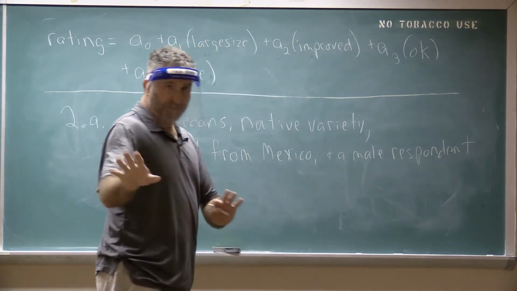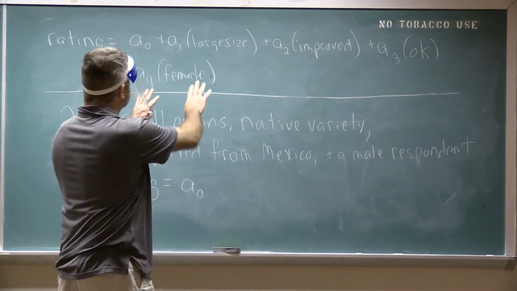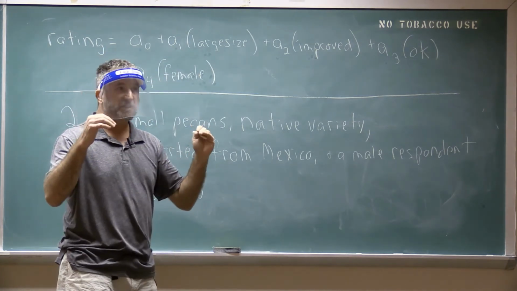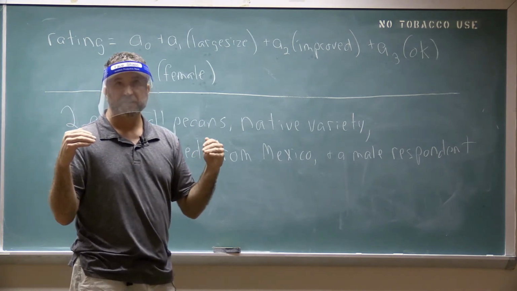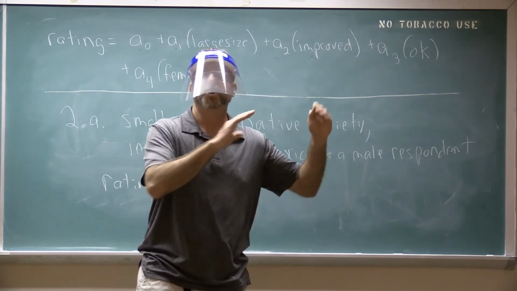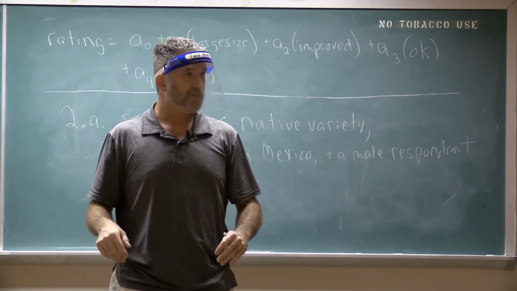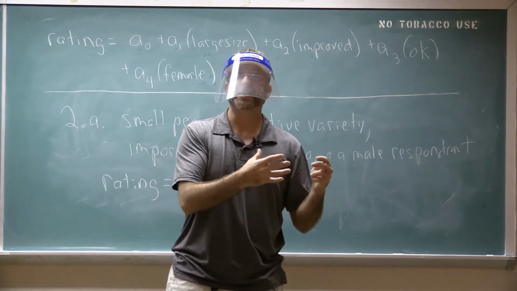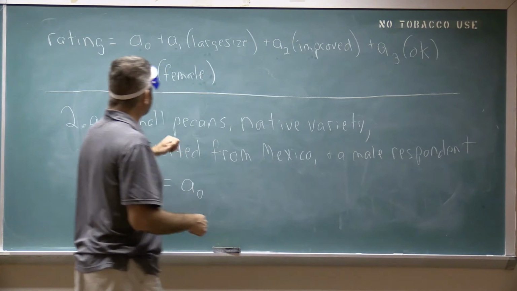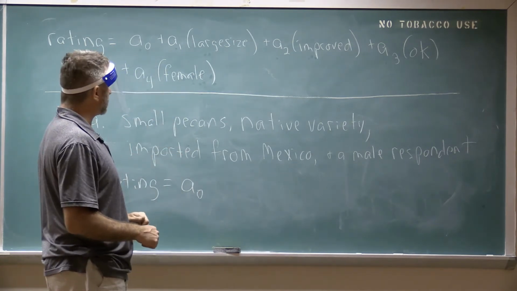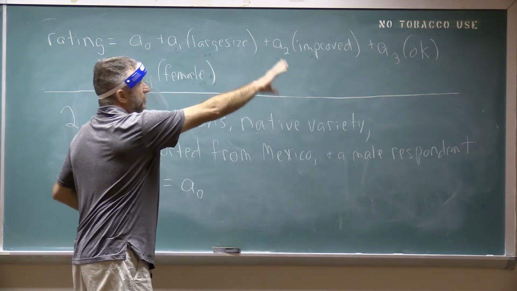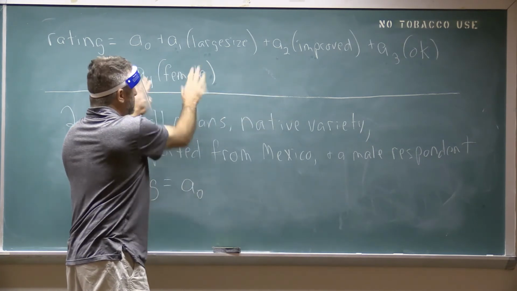We're going to put these answers in a minute, but what this lets you do is this: coefficient A1 tells us how the rating changes when you go from a small pecan to a large pecan, holding everything else constant. Meaning we're just increasing the size of the pecans, they're still native, still imported from Mexico, and we're still talking about a male respondent. But that impact is the same no matter what the variety is, where it's produced, or the gender of the respondent.